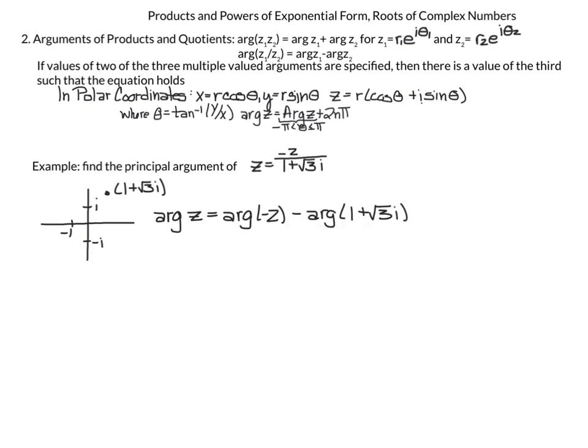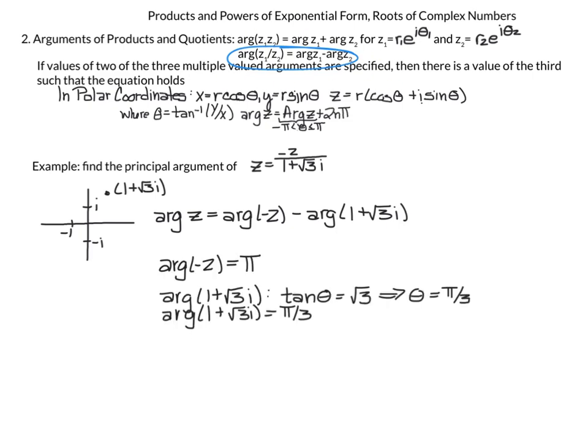It's over here. What I'm going to say is arg z is going to be equal to arg of negative 2 minus arg of 1 plus square root of 3 i, and I'm using the formula up here, which is the quotient formula for arguments.